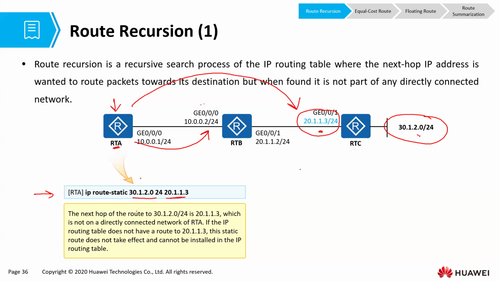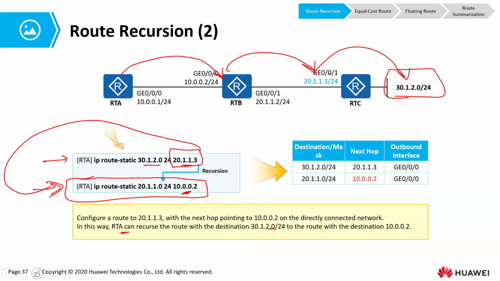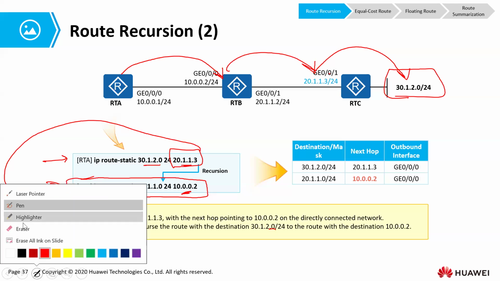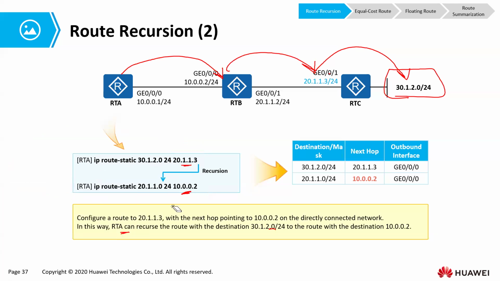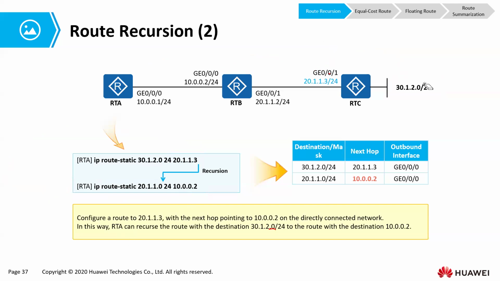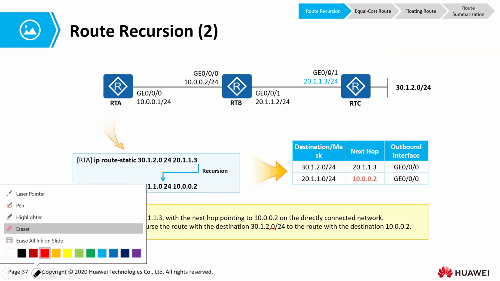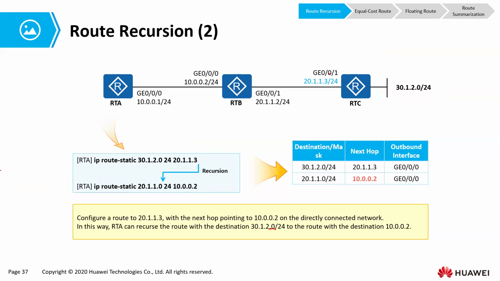So our route is the one in this second example. Let me try to remove this first. Right, our route is here. This was the first route we configured, but the way it is, it wants to take us from here directly to the next hop.